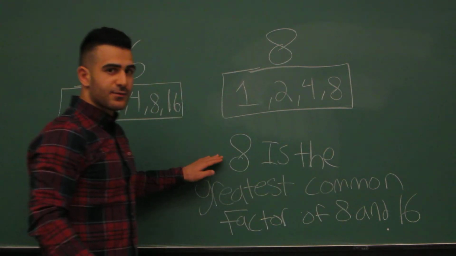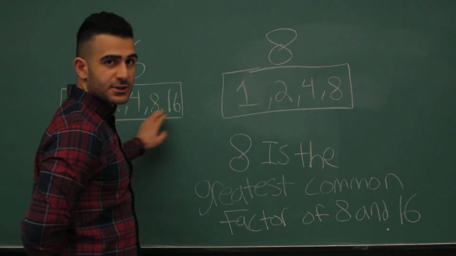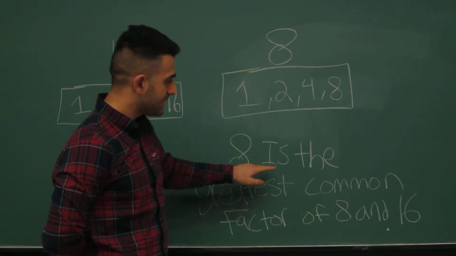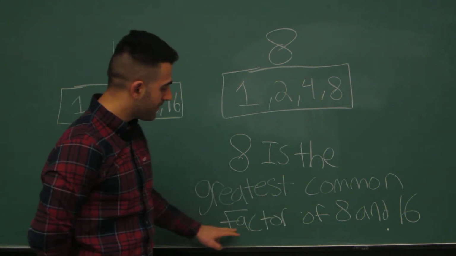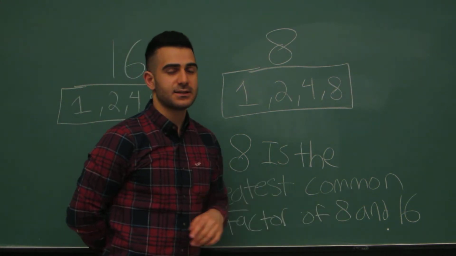We would say, after we've found the largest common factor, we would say 8 is the greatest common factor of 8 and 16.